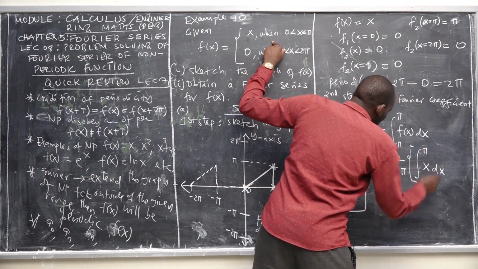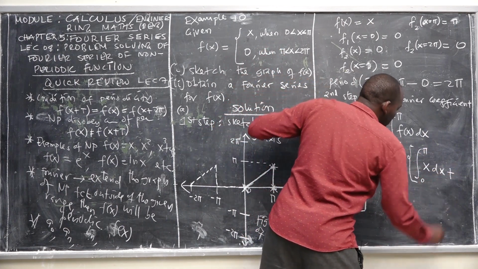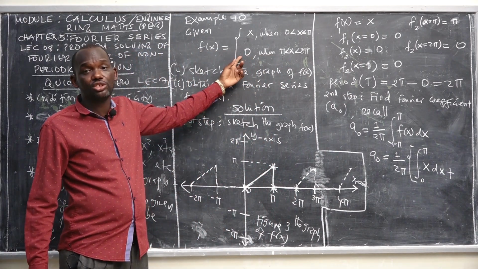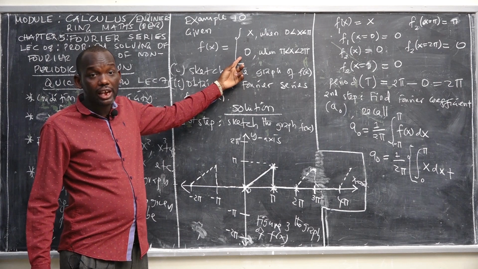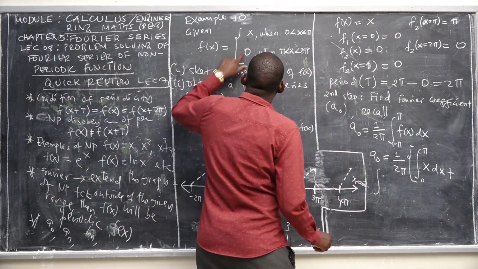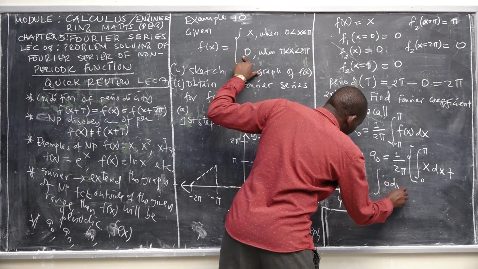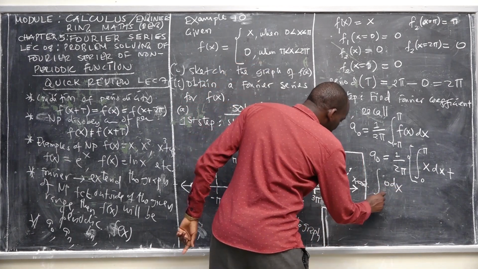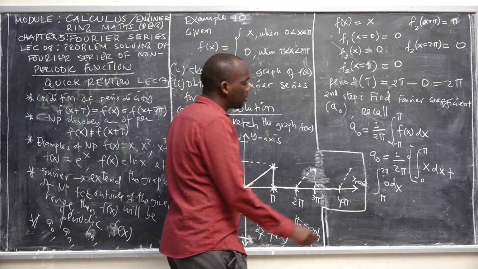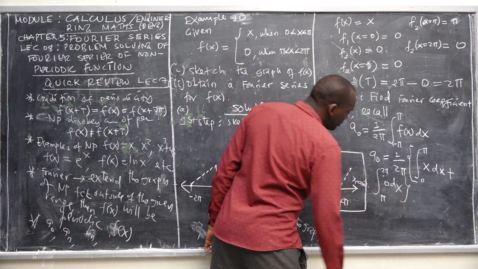From 0 to pi. Then plus. Why should we include plus? Because it's a composite function. Plus the integral of the function 0 dx, and the interval from pi to 2 pi. Then we close the curly bracket.